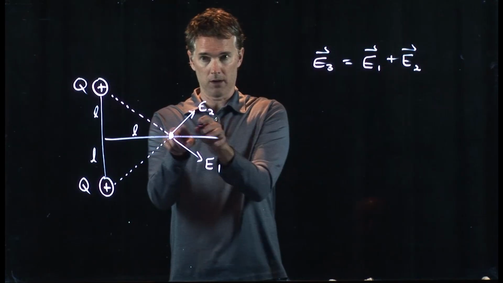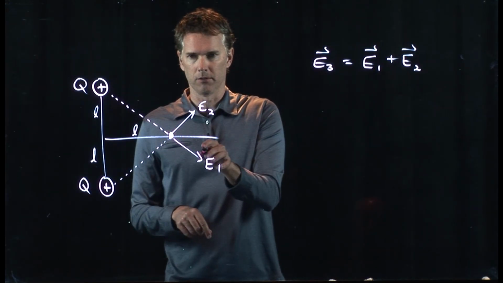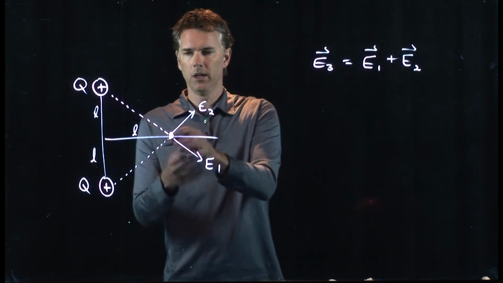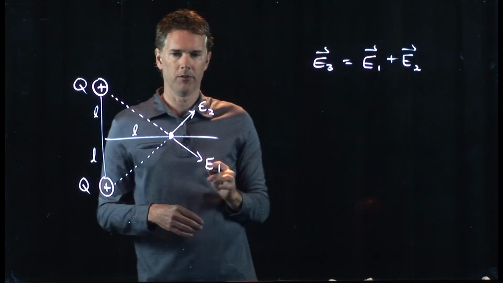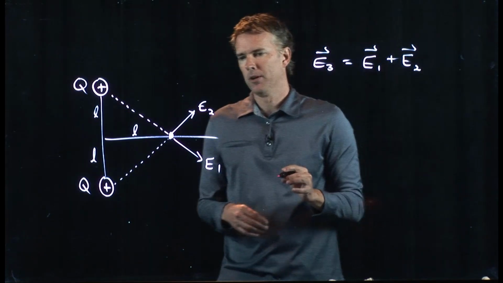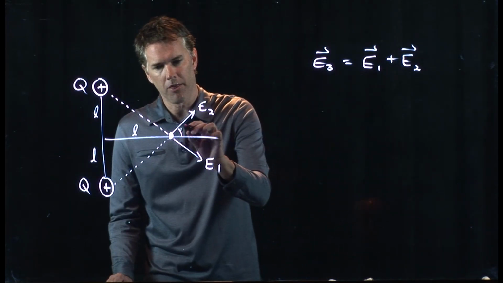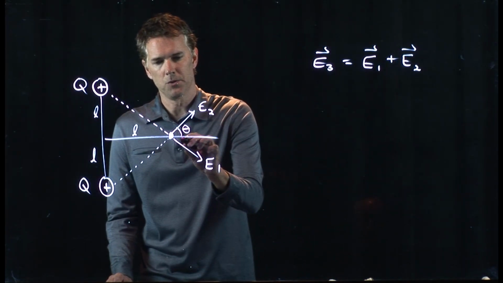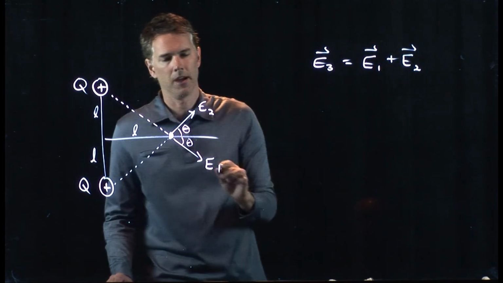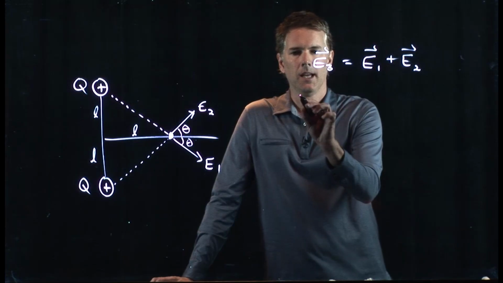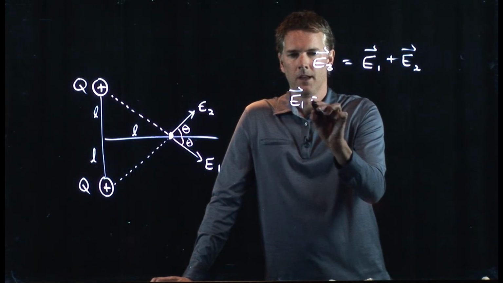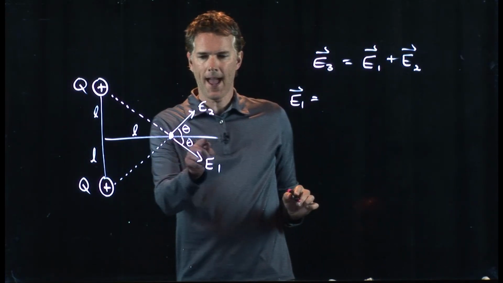It has some horizontal component and it has a vertical component. E2 is also at an angle, so it has some horizontal component and some vertical component. And if we call this angle theta, which means this is also angle theta, now we can determine what some of those components are.